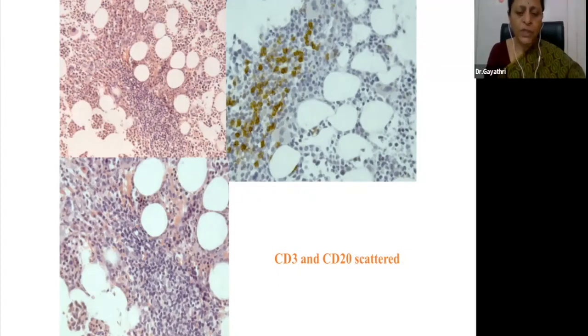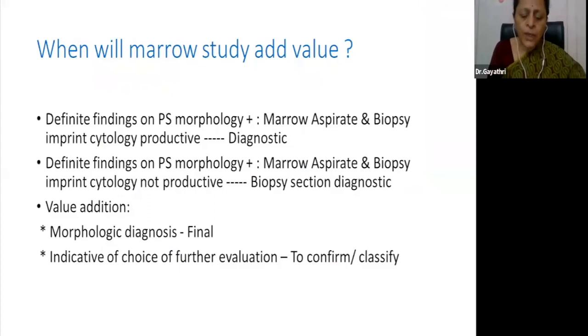That was a round cell tumor, a neuroblastoma, in a child. You would do the appropriate immunohistochemical stains to establish the nature of those round cells, and then only sign out the report as metastatic neuroblastoma or metastatic Ewing's, whichever it may be. Having access to immunohistochemistry, therefore, is absolutely essential.